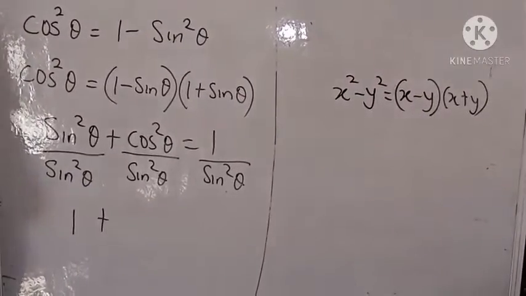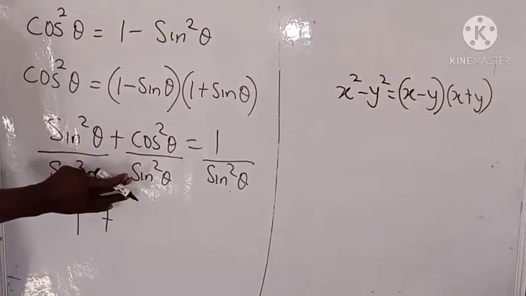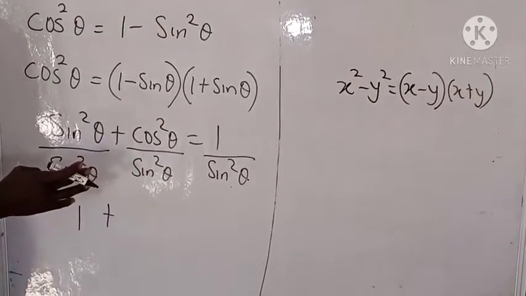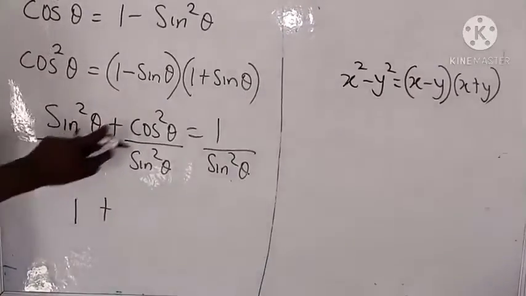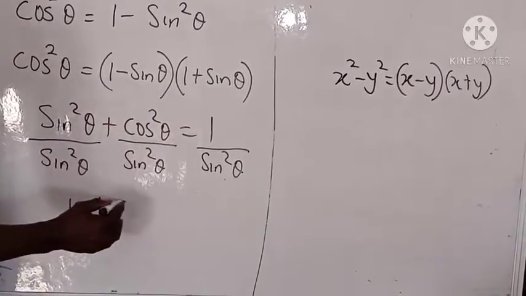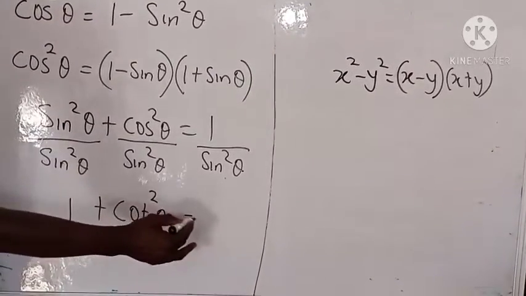Remember, from our inverse identities, we said cos over sine is cot. If cos over sine is cot, then cos squared theta over sine squared theta is cot squared theta.